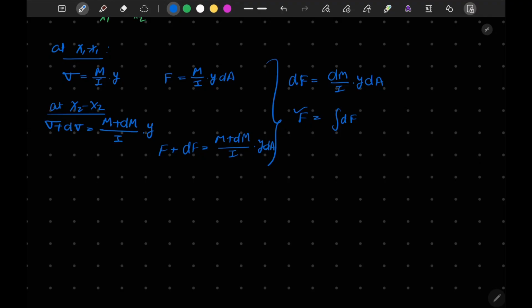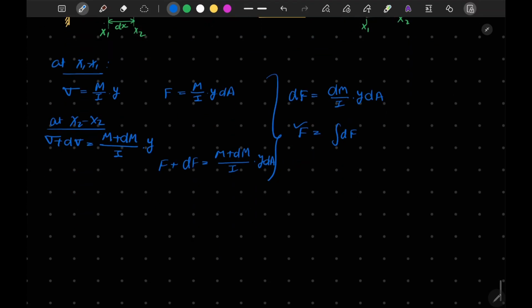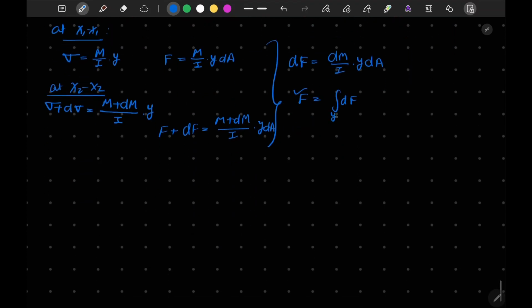So if I say the shear force at a distance y from the neutral axis, so this is this complete area. Okay, so the integration is from y to d by 2. So this will be equal to integration of dM by I into y dA.